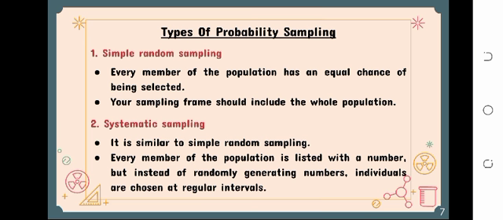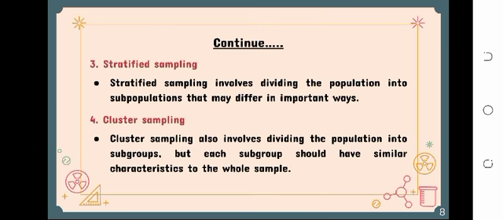The next type of probability sampling is stratified sampling. Stratified samplings involve dividing the population into subpopulations that may differ in important ways. It allows you to draw more precise conclusions by ensuring that every subgroup is properly represented in the sample.